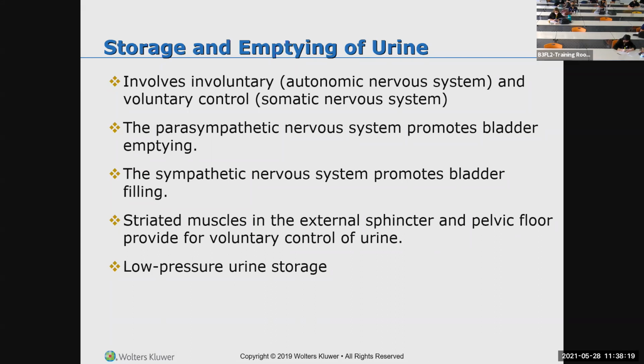The autonomic nervous system is my sympathetic and parasympathetic, and the somatic nervous system comes from the spinal cord. Parasympathetic, highlight and remember: the parasympathetic system promotes bladder emptying. I micturate with the help of parasympathetic stimulation. Sympathetic, on the other hand, promotes bladder filling.